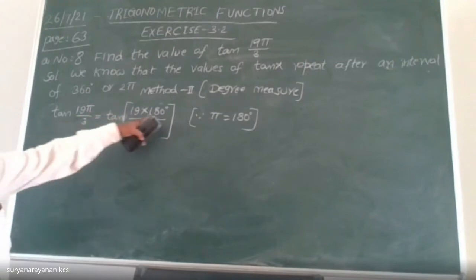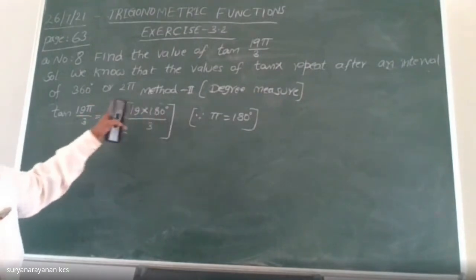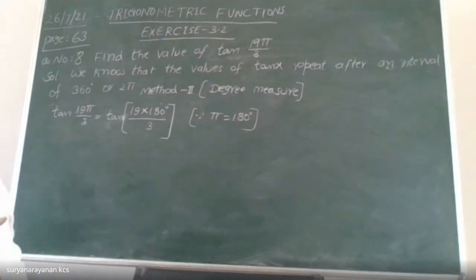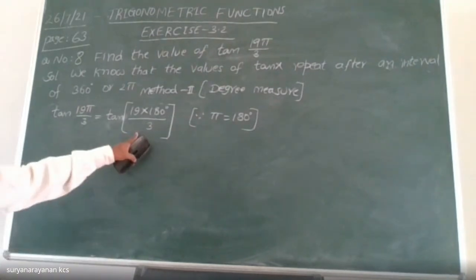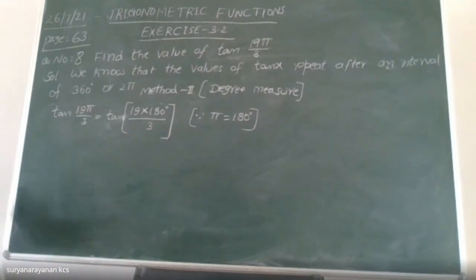So in the place of pi, we are converting this radian measure into degree measure. Okay, my dear children, understood this step?